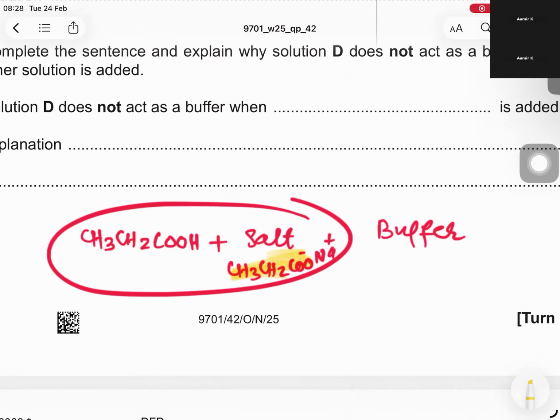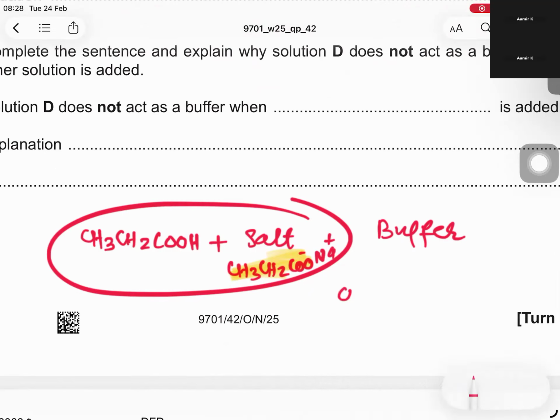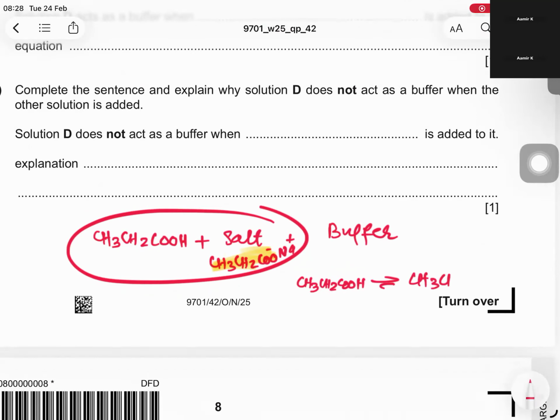Otherwise, if you take the acid alone, its conjugate base is in a very, very small quantity. Although it does ionize, the weak acid ionization is so small that its conjugate base is almost nothing in a normal solution. So in order to act as a buffer, this acid must be in combination with its salt.